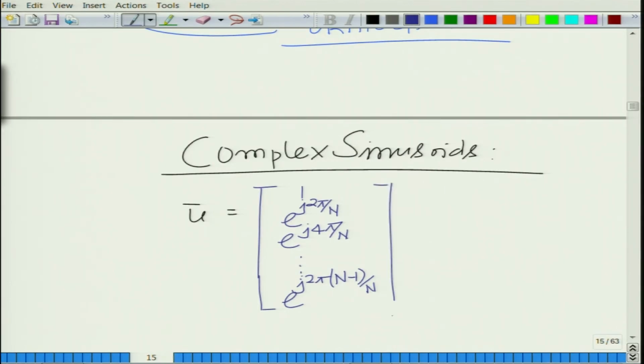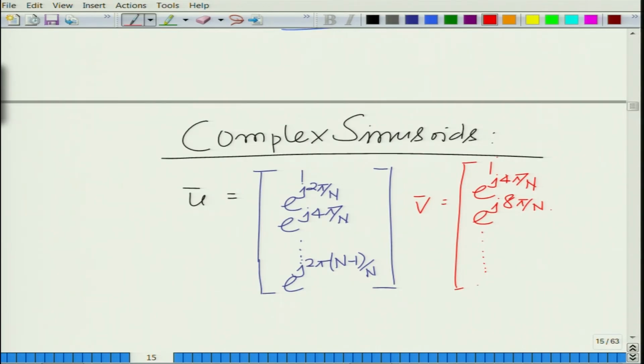So, this is your first sinusoid, and then you have another, which is 1, e raised to j 4 pi over n, e raised to j 8 pi over n, and so on.